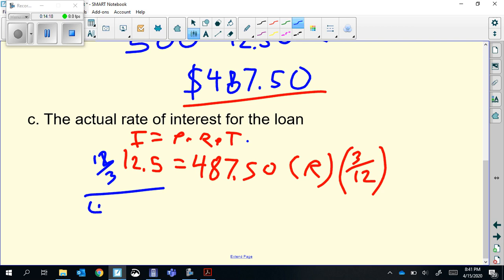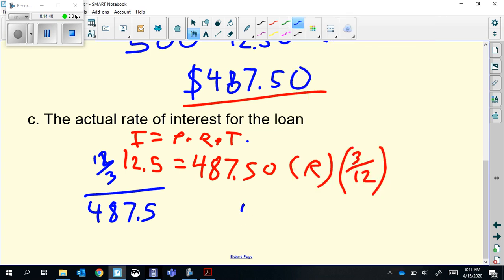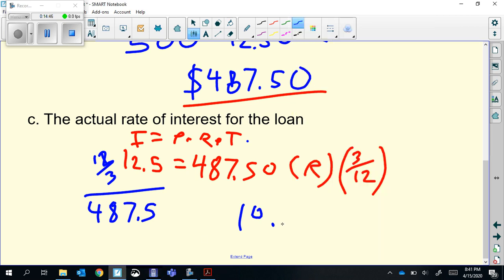And then divide by the 487.5. So 12 over 3, that's 4, times 12.5, divided by 487.5. So it's really 10.25%.